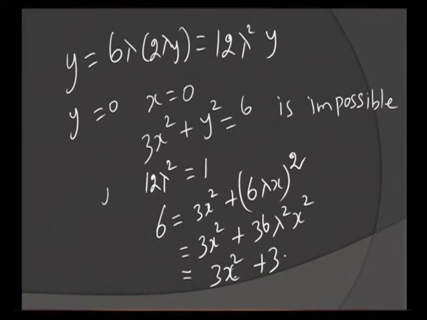This can be written in a simplified form as 3x square plus 3 into 12 lambda square into x square, since 36 is split as 3 into 12. Instead of 12 lambda square, we can plug in 1. So this equation reduces to 6 equals 3x square plus 3x square.